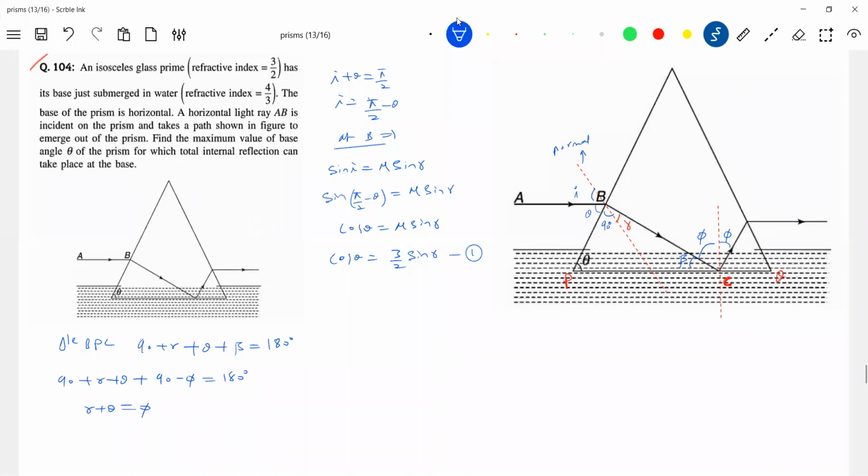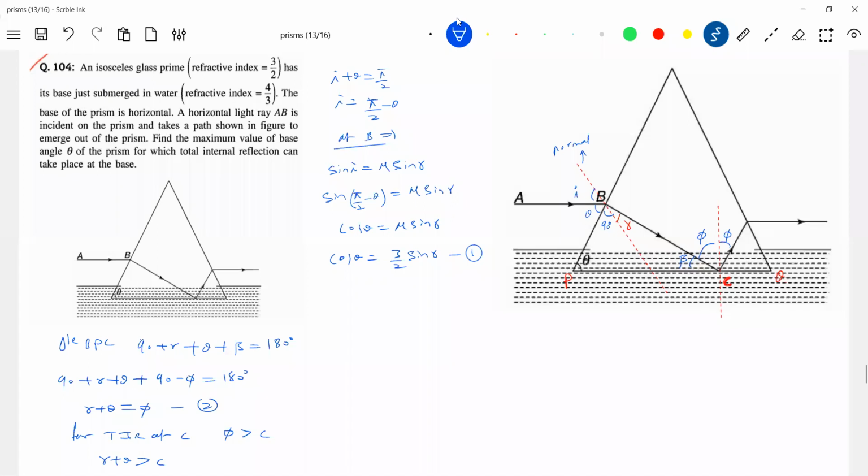And this is very important. For TIR at C, what happened? The angle of incidence phi should be greater than the critical angle. So what is phi? Phi equals r plus theta. I'll introduce it like this.